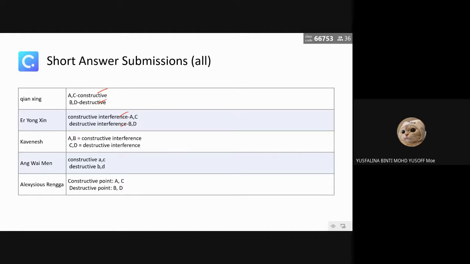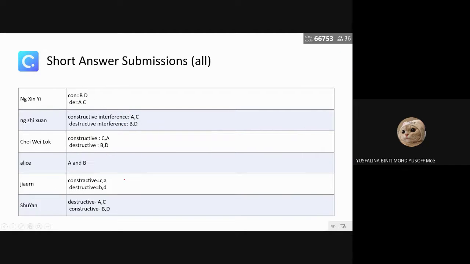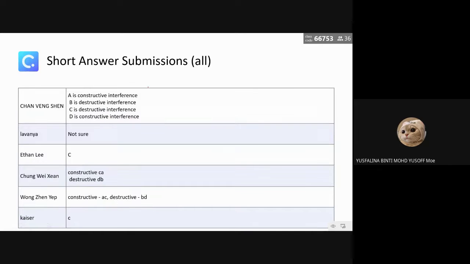A is actually constructive, B is destructive, C is constructive, D is destructive. This one is wrong too.